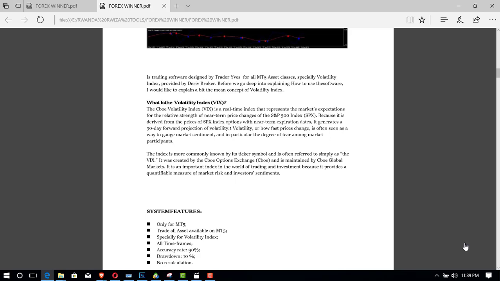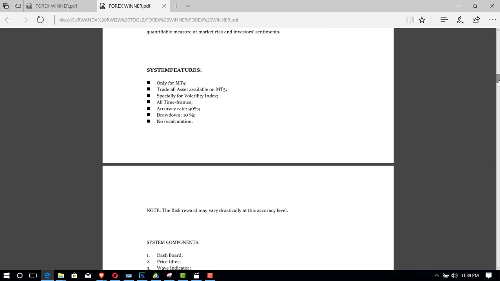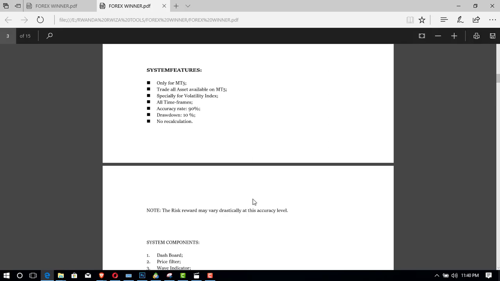So you can use all time frames to trade, to place orders, or to find entries in order to get a profit. The win rate is 90%, drawdown is 10%. You can use this system in order to get profit by 90%, against the 10% you should expect to lose.